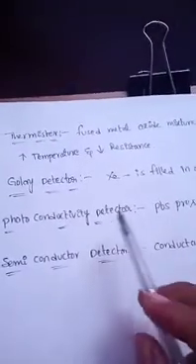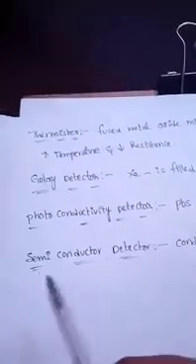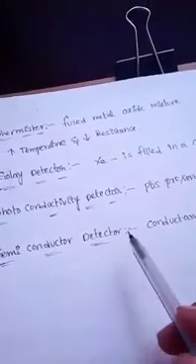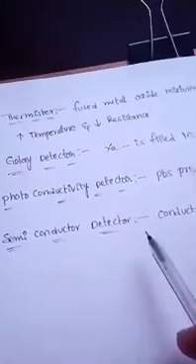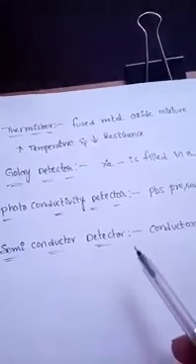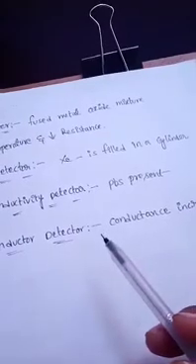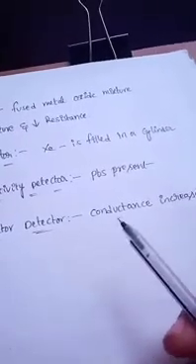The last detector material is the semiconductor detector. Generally, a semiconductor has only partial conductance, but in this case the conductance increases. That means the semiconductor changes into a conductor, which is used to detect the signals.